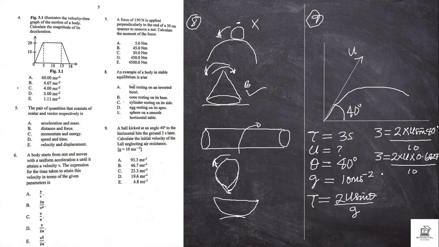Multiply 2 by 0.6427, that will give us 1.285. So 1.285 multiplied by u all over 10.